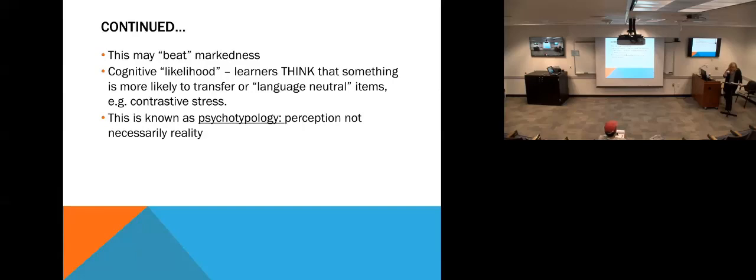So what we expect is that a marked sound like a theta is going to be more difficult for a learner than an unmarked sound. What's an unmarked sound? Well, all the languages in the world have a high vowel, an E, or a version of an E, a low vowel, a version of an R, and another high back vowel, a version of a U or an O. All languages have those. So some version of that we expect our learners to have.